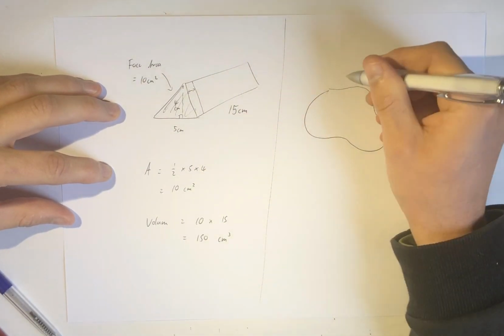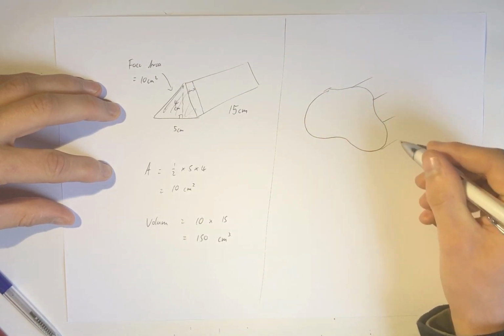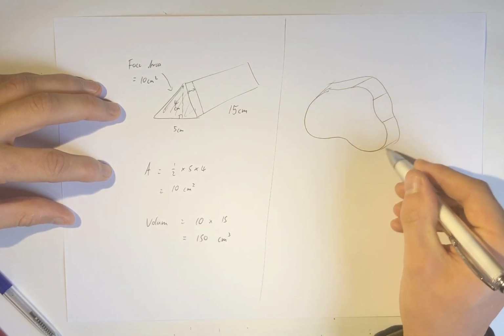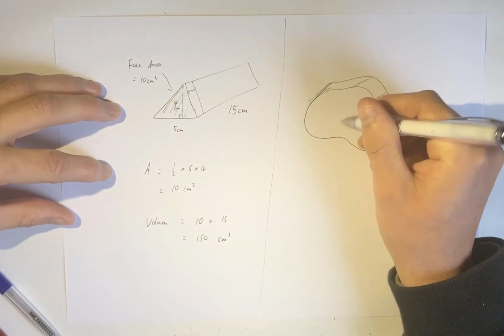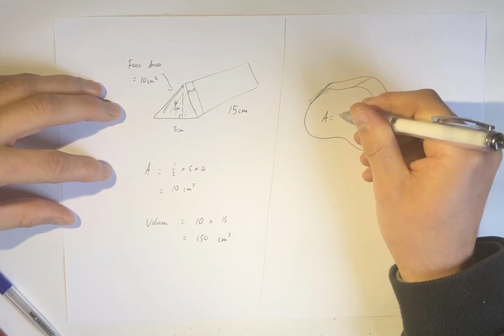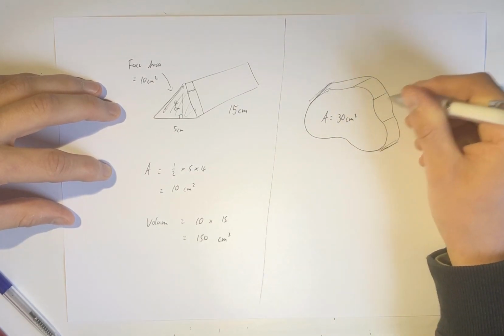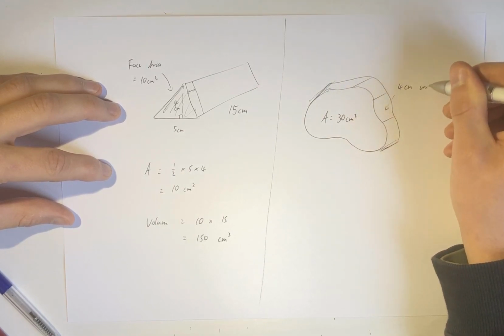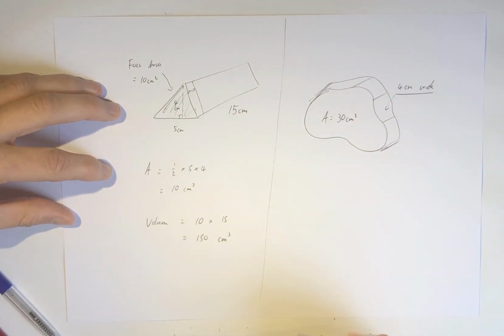So I could take any shape. Let's take this shape and let's go and give it a bit of depth. Okay, hopefully it looks okay. And if I just had the area of this thing, so the area is, let's say, 30 centimeters squared, and let's say that this was, I don't know, 4 centimeters wide, all I need to do is figure out the area to face and then multiply by its depth.